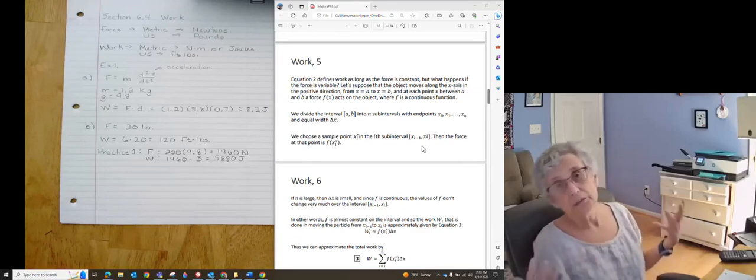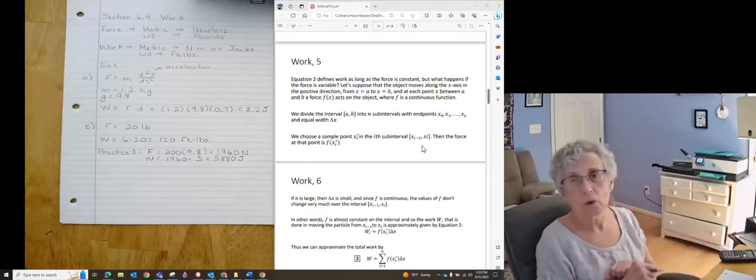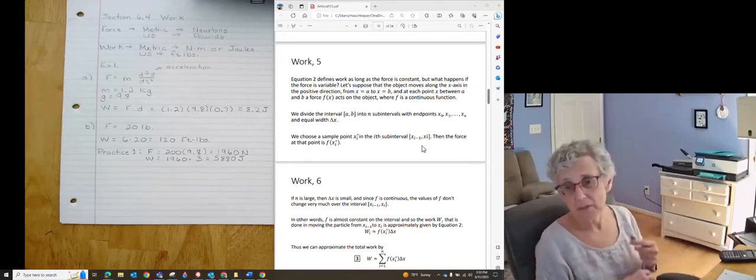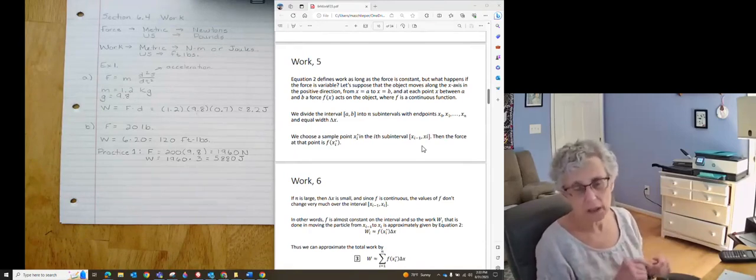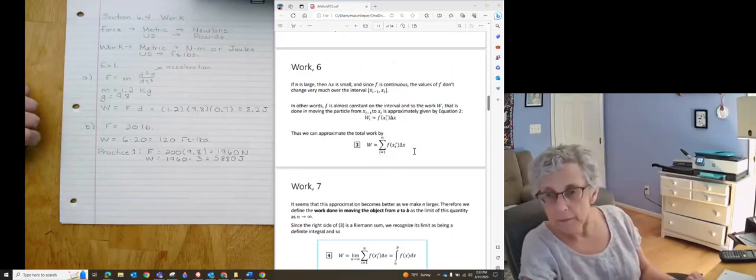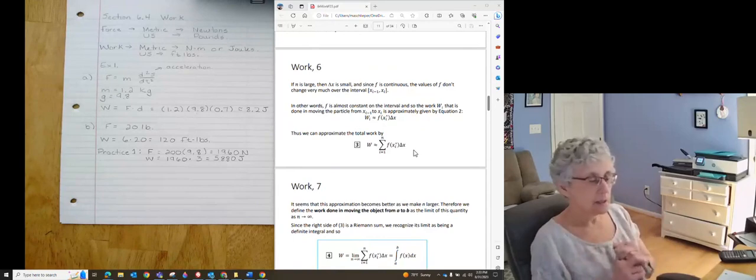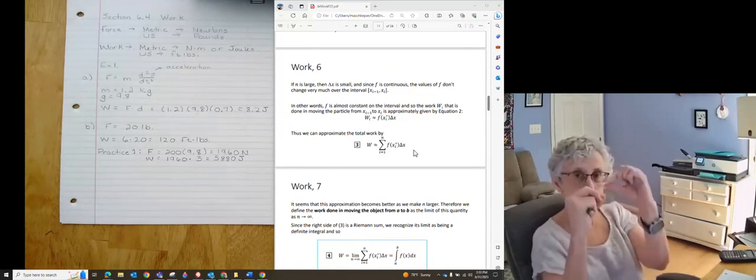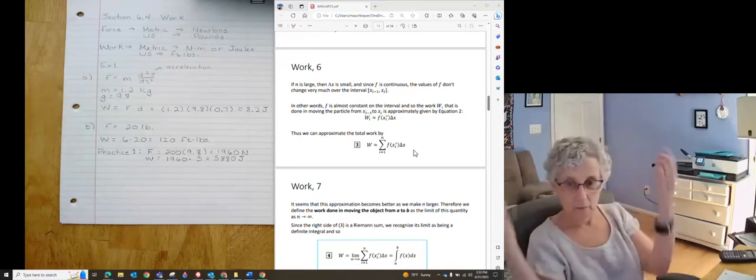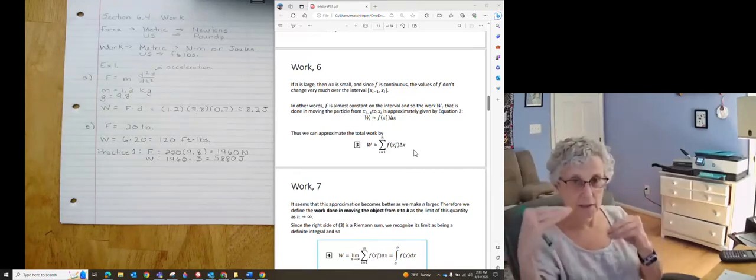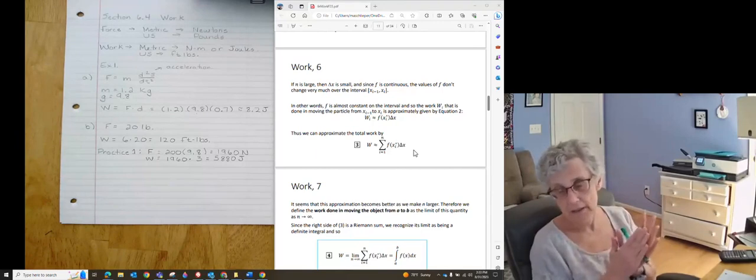So, if we have constant force, all is good. All we have to do is multiply. But it's not going to be that easy. If it varies, then we imagine taking a bunch of little slices, adding them up, and seeing how much it takes to move each little slice, finding the sum. And what does that sound like?